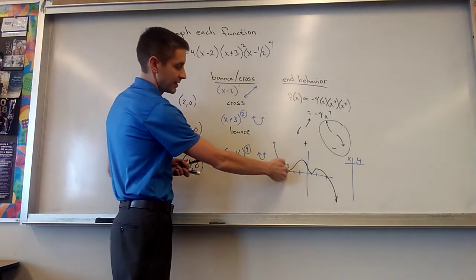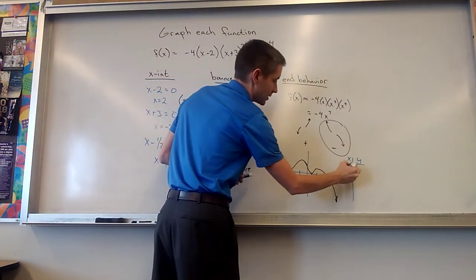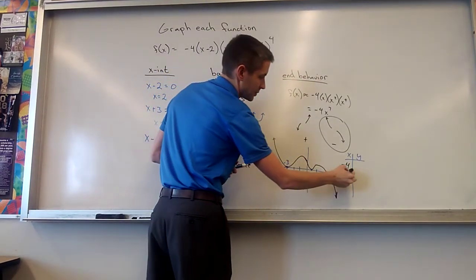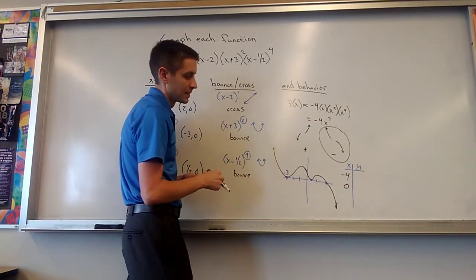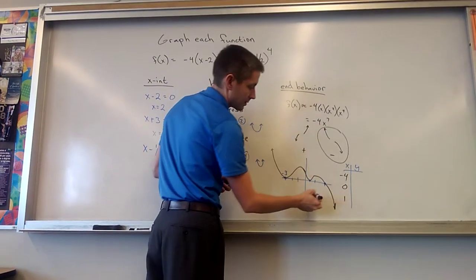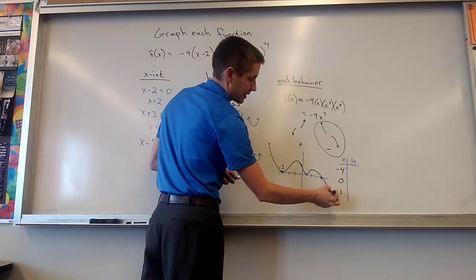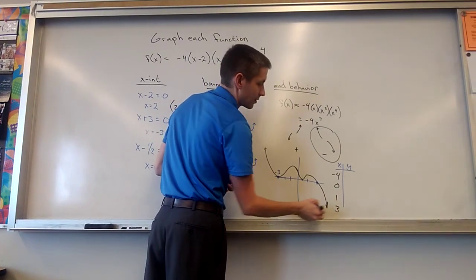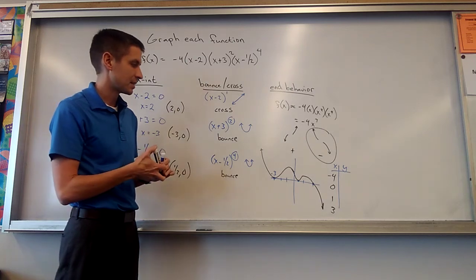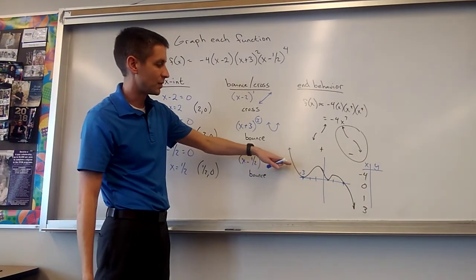On the right side of my second intercept, maybe I plug in a 1. And on the right side of my last intercept, maybe I plug in a 3. And then I could figure out some y values to go with that. I could see that the first one would be positive, the second one is positive, the third interval is positive, and my fourth interval is negative. And I can determine that that's what the graph would look like based on those y values as well.